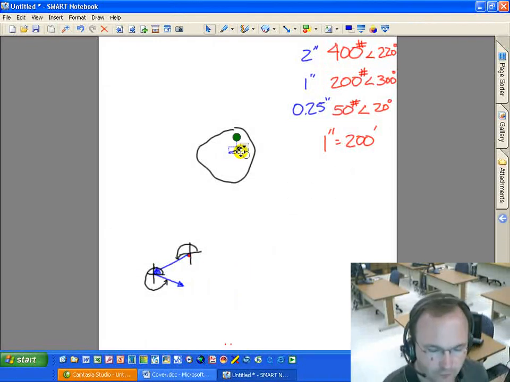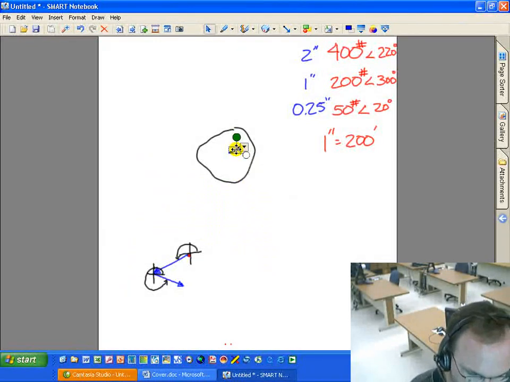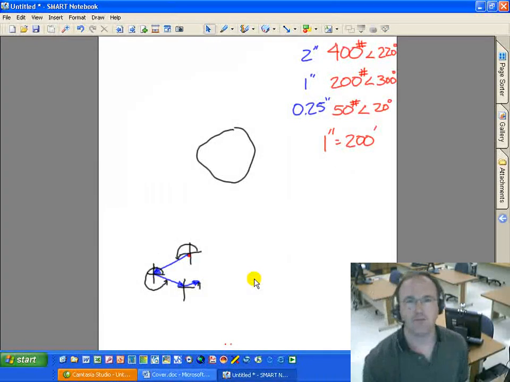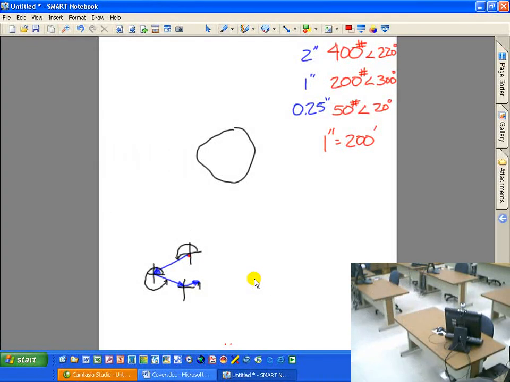And then we'll take the third force and put it to the tip, and we draw that at 0.25 at an angle of 20 degrees. And the resultant then can be graphically drawn from the starting point right here to the tip of the last force. That's my resultant.